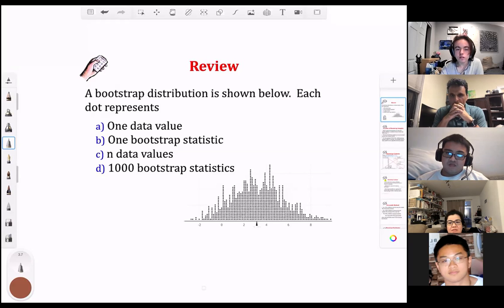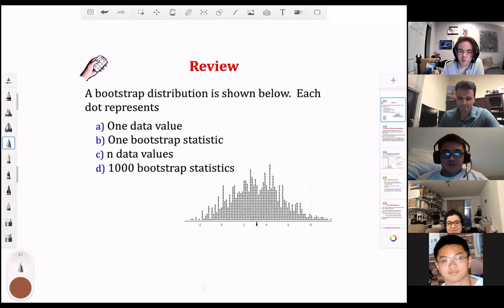Is it A? Almost, B is correct. I know each one is one data value. I mean, each one is a data point.